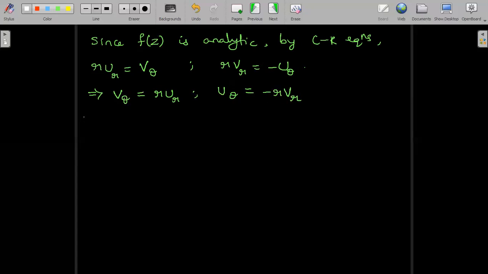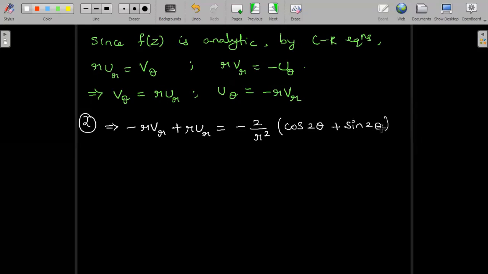So equation 2 will now imply minus r vr plus r ur is equal to minus 2 divided by r square cos 2 theta plus sin 2 theta. I retain the right hand side as it is. I have just substituted for the left hand side.